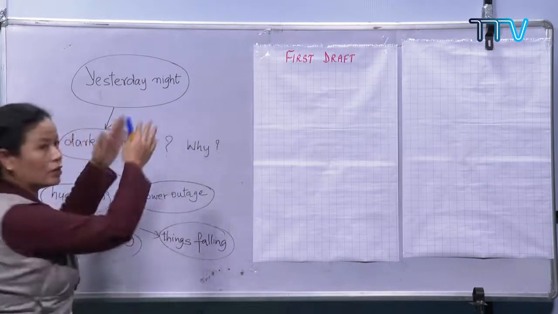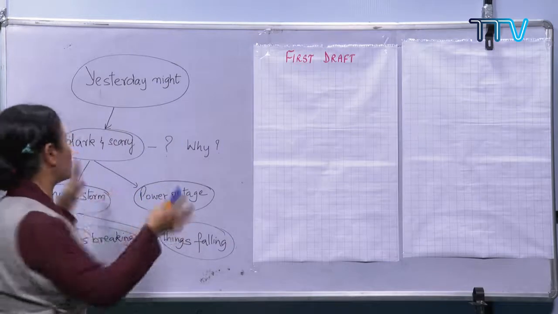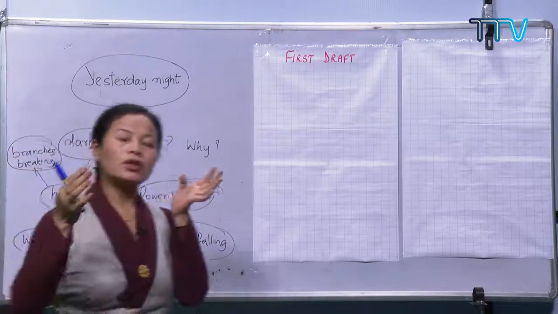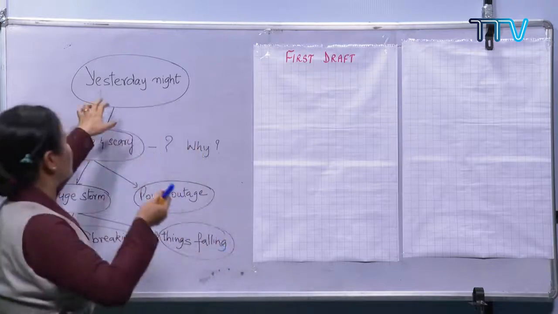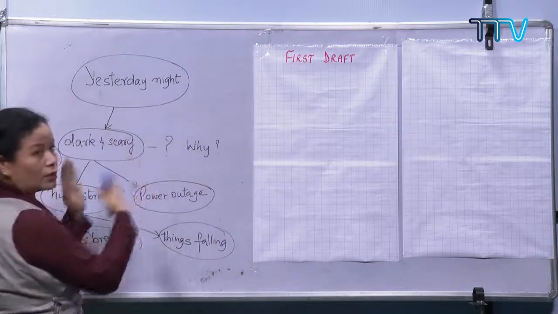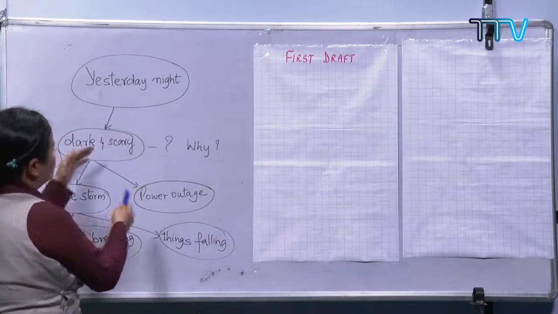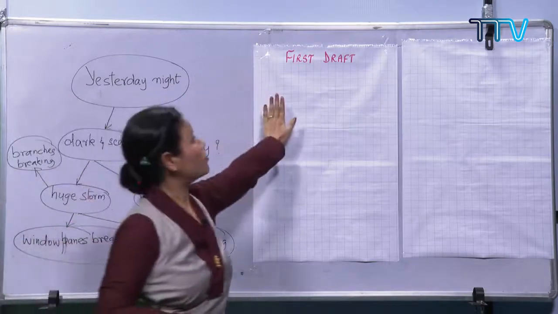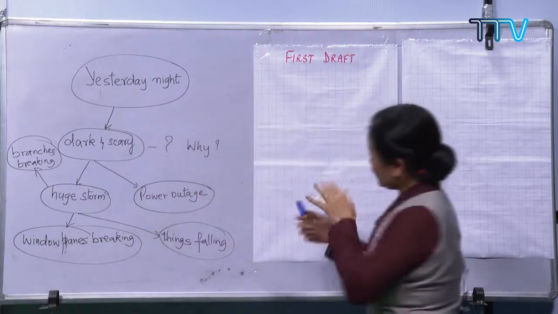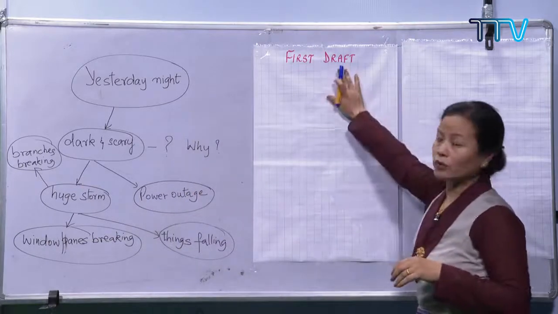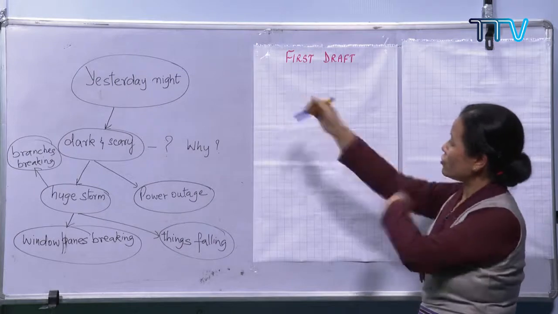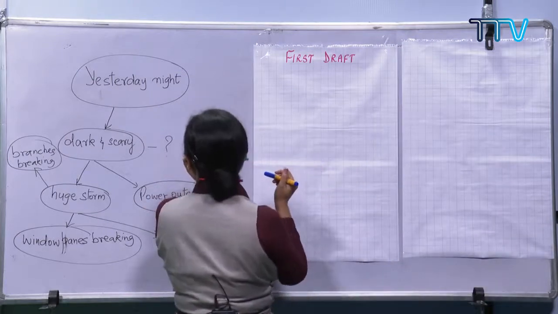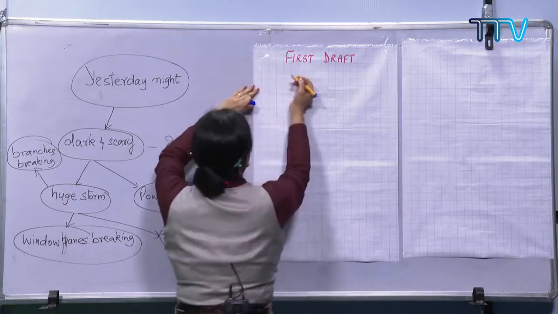In the rough notebook, whatever you have written, from the beginning where you chose your topic, and then from the topic how you map the different points, you have to keep that in front of you so that you can begin your first draft. I am going to write our first draft. Okay, how should I begin? Let's write.